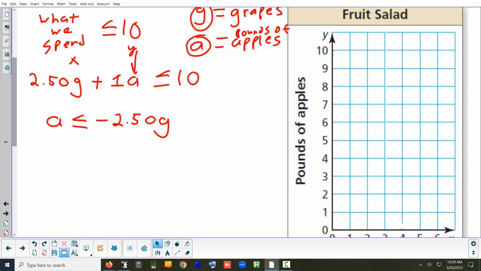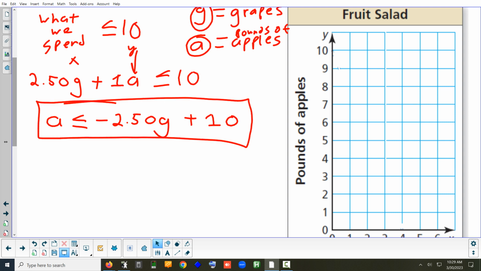And what other number is still going to be after the 2.50g? That's going to be like my y-intercept. Yeah, positive 10. There's the inequality you have to graph. Again, if it confuses you, just pretend that's a y and that's an x.